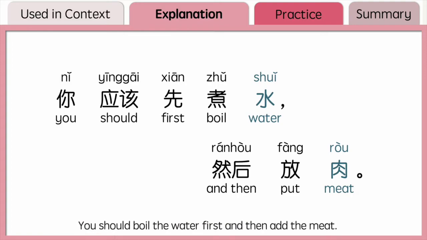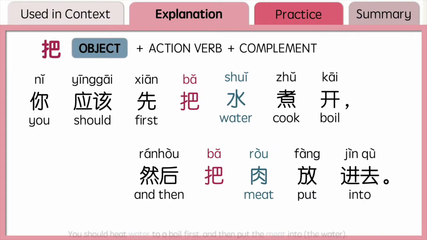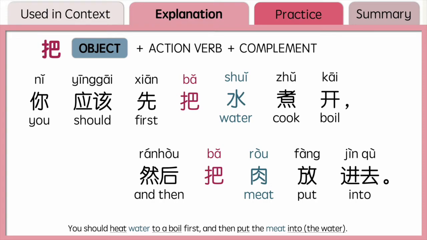你应该先煮水，然后放肉。You should boil the water first and then add the meat. This sentence doesn't indicate to what extent you boil the water or where the meat goes. 你应该先把水煮开，然后把肉放进去。You should heat water to a boil first and then put the meat into the water.